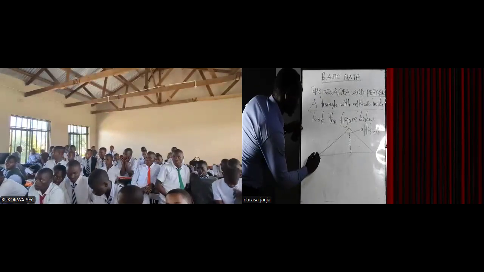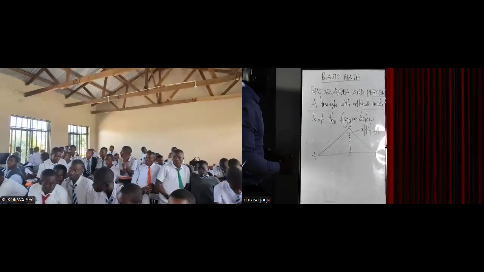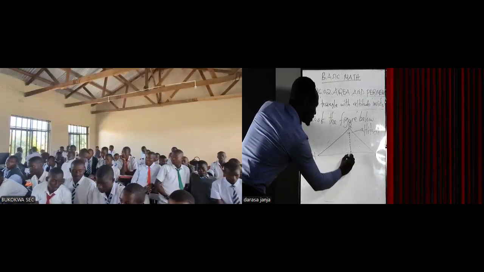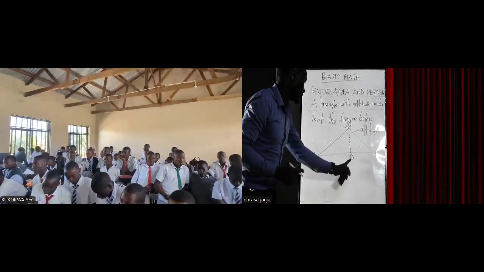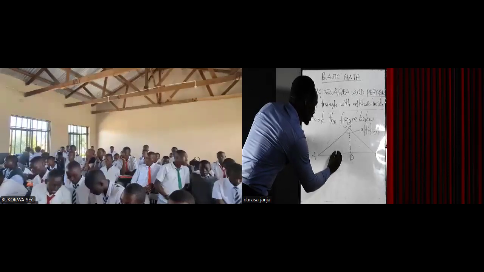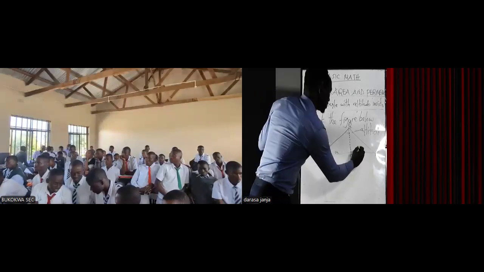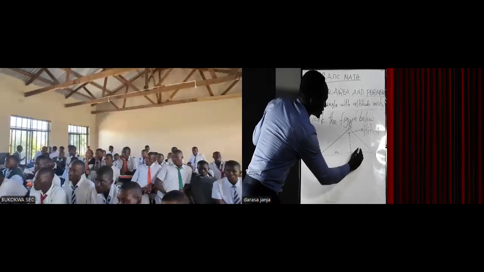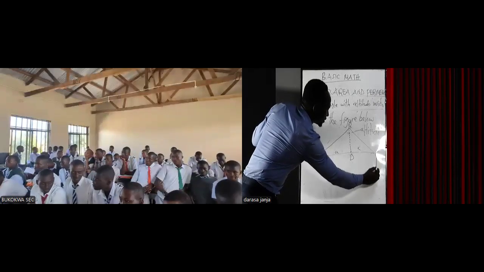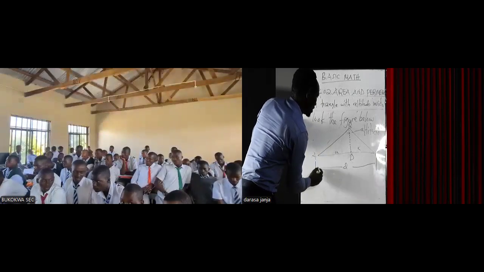So for this case here, let me write A, B, C. So suppose here we have got 2 sides here. Suppose the distance from here, we put it in. So the distance from A to D, let me call it A. The distance from D to C, let me call it B or C. And the distance from here, let me call it E, like this.